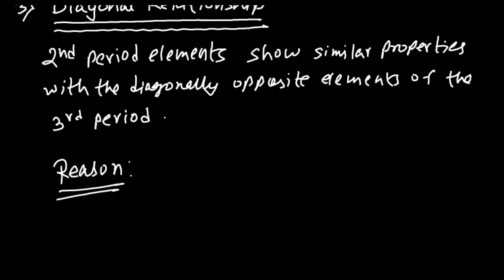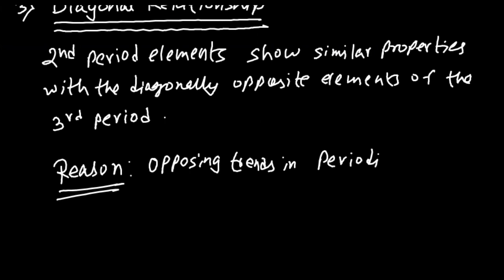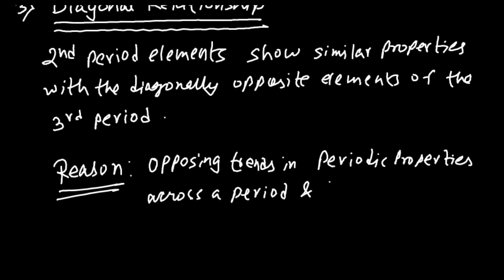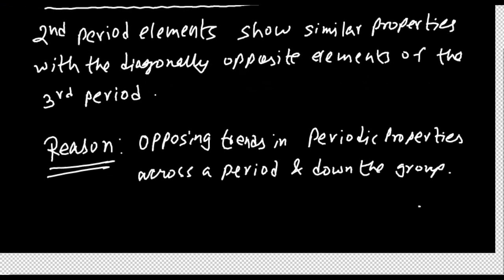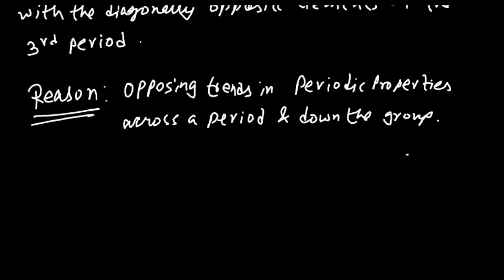The reason for this diagonal relationship is due to the opposing trends in periodic properties across a period and down the group.